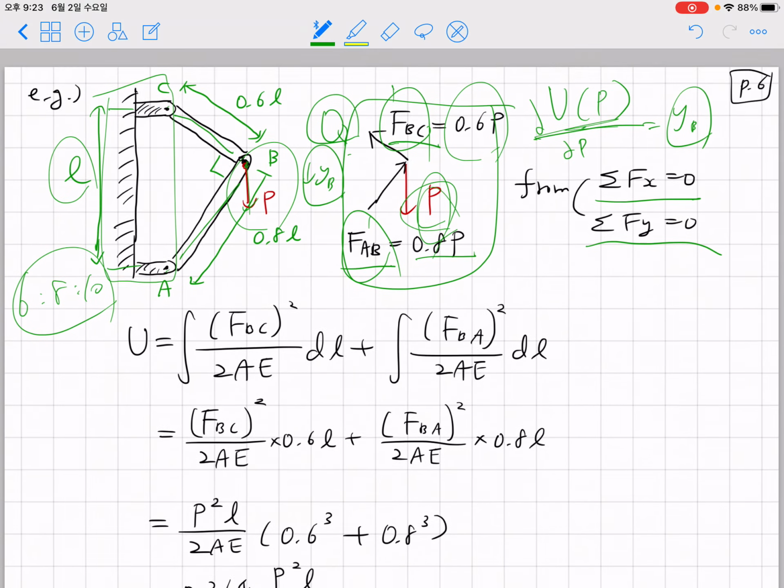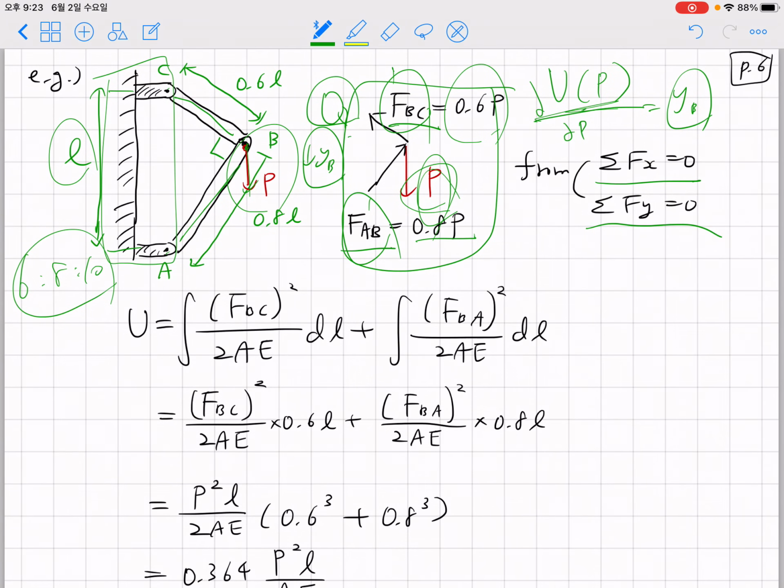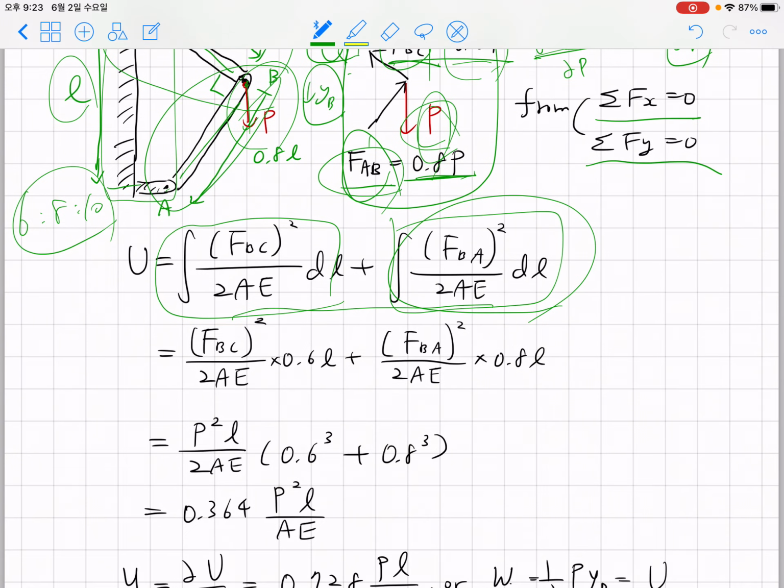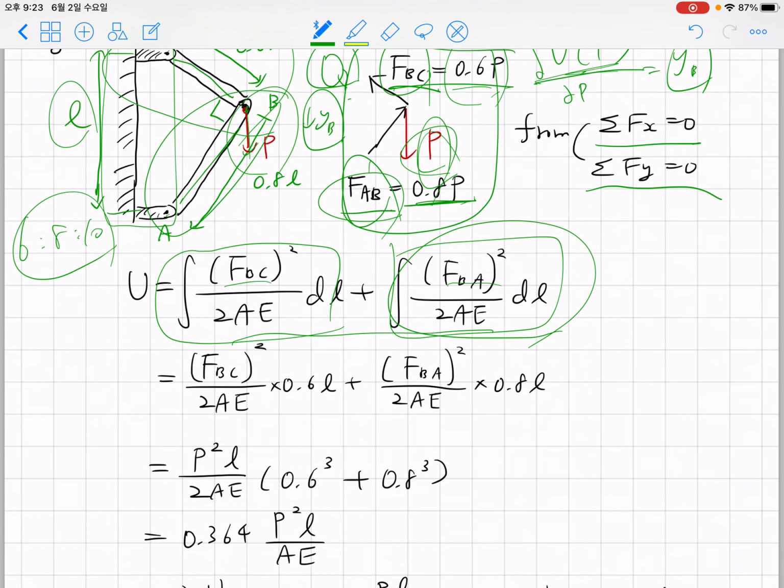So let's plug in the values of FBC, 0.6P, and FAB, 0.8P, into the expression of strain energy. The strain energy expression for BC and for AB can be written like this, and both FBC and FAB are simple constants, 0.6P and 0.8P, and you do this integration over the entire length, which is L and 0.8L.